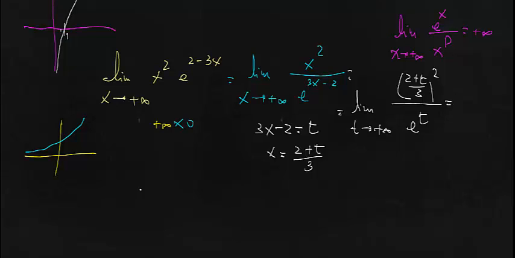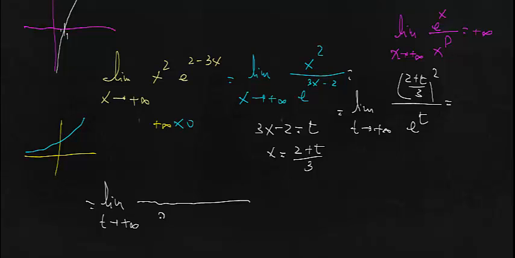I can of course develop this expression when t approaches plus infinity. Let me make these calculations. Here I have 9, you see, it is 3 squared, but it is at the denominator.